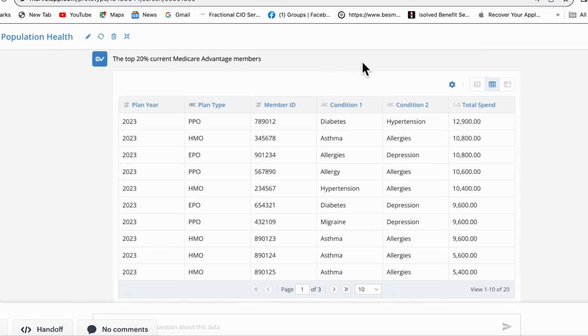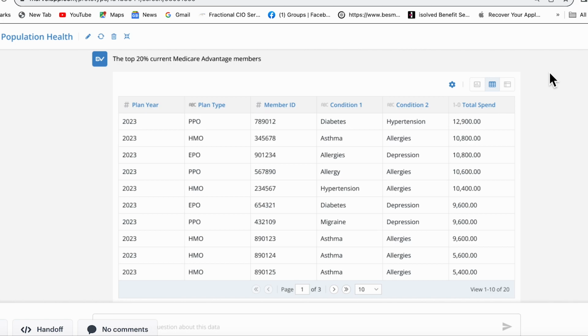So naturally, once the user has this complete information on their chronic care members with more than one diagnosis by spend, they're going to want to look within that data to further refine.